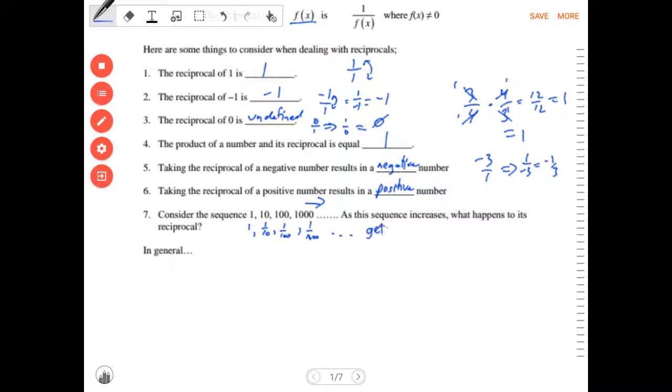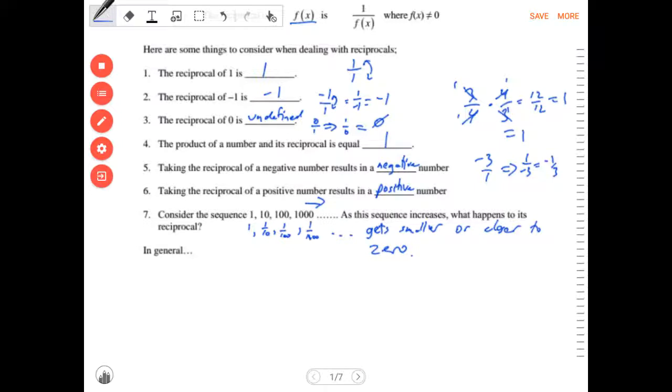So it gets smaller. Wow, that's terrible writing. I'm so sorry. It gets smaller, or closer to 0. Okay, so in general, I want to make a point about number 7.